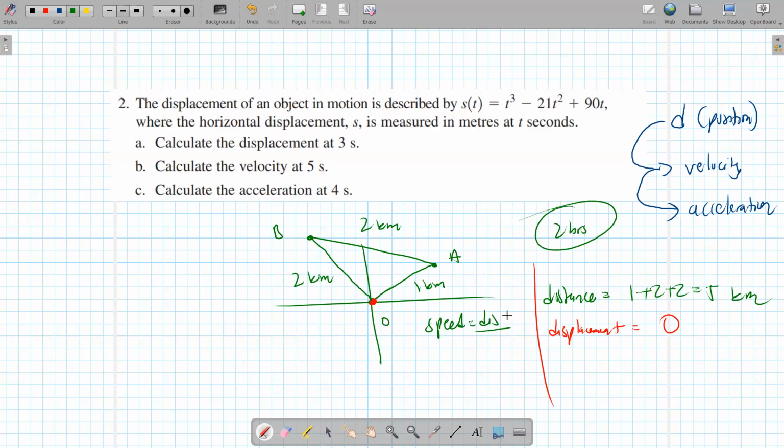So your speed will be distance divided by time. So it's going to be 5 over 2 kilometers per hour. That's your speed. But your velocity is going to be your displacement divided by the time. Displacement is 0, time is 2, your velocity is 0. That's the difference between displacement and distance.